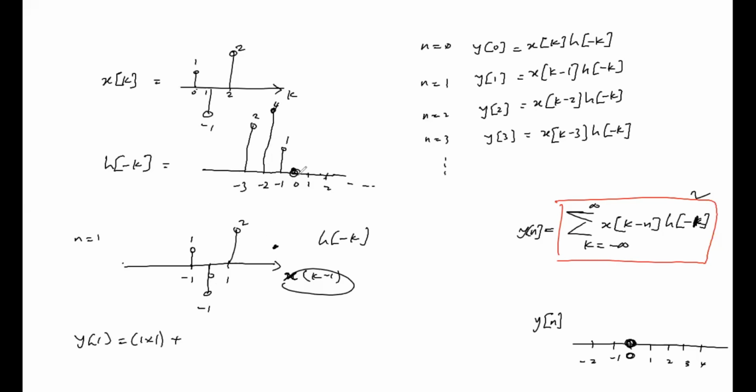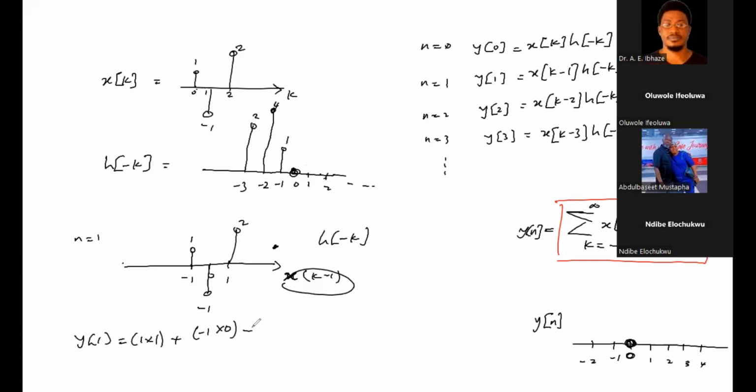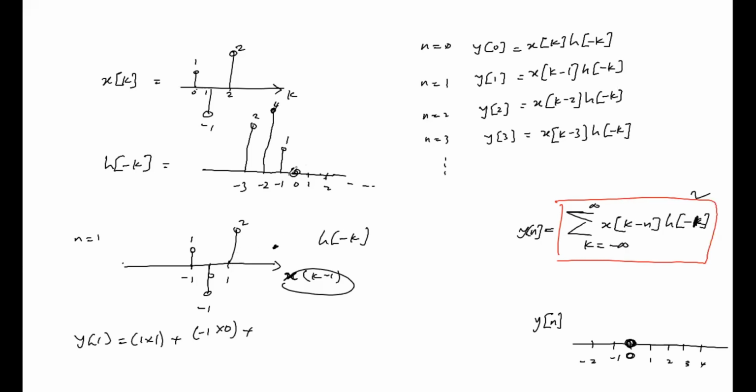At 0, we have overlap too, that's minus 1 times 0. Then at 1, we equally have no overlap, so that's 1 times 0. So we only have overlap at this point. So this will be 1 times 1 is 1, plus 1 times 0 is 0. So it's equal to 1. So y of 1 is equal to 1.